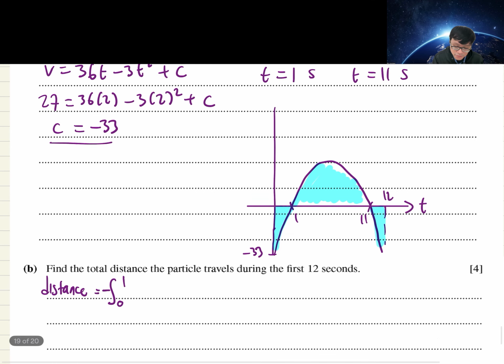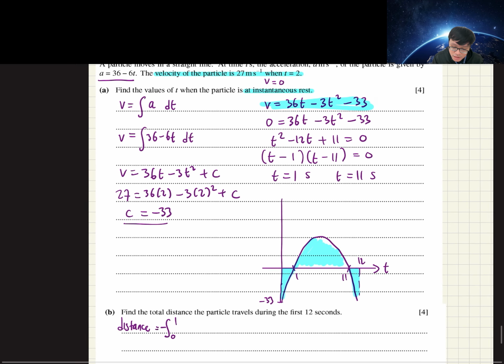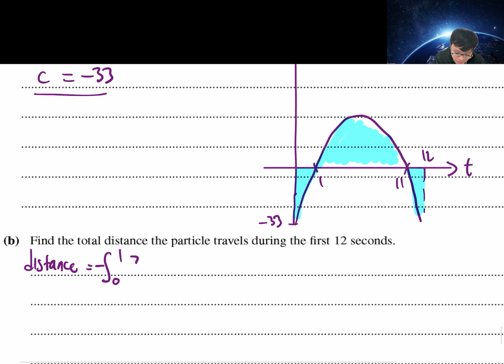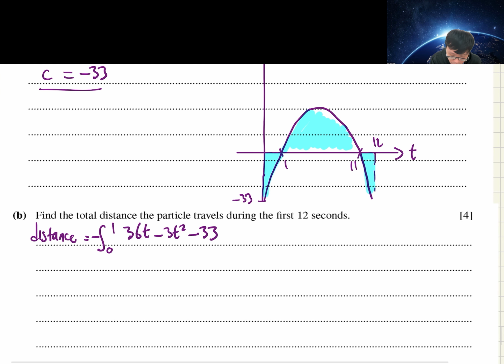So to make it positive, the function is 36t minus 3t squared minus 33 dt, and then plus from 1 to 11, which is positive already, so no need to put a negative sign.